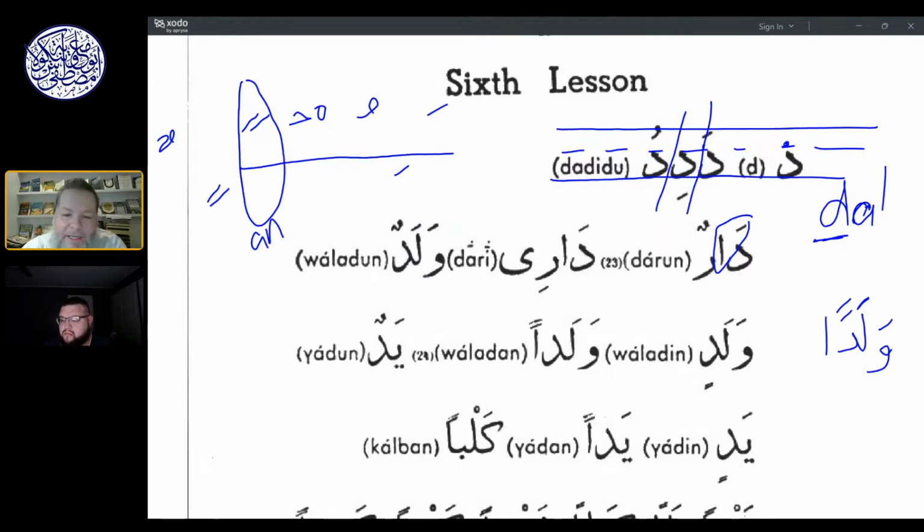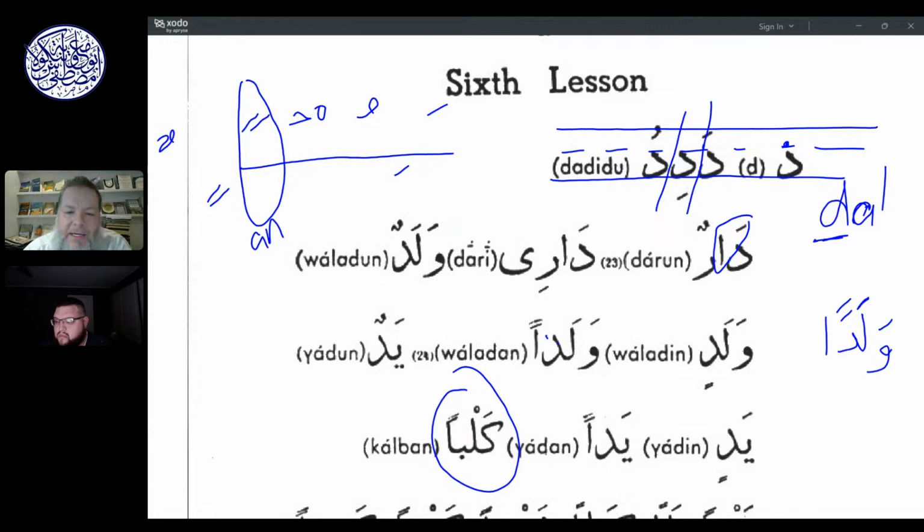Here in this book, it seems that they do both, as we can see in this word down here, that they do not put it on top of the aleph, but they put it close to the aleph on top of the ba. In these two examples that we see here, they put it over the aleph and not on the dal. That's just a choice where you're going to write them. It doesn't change anything.